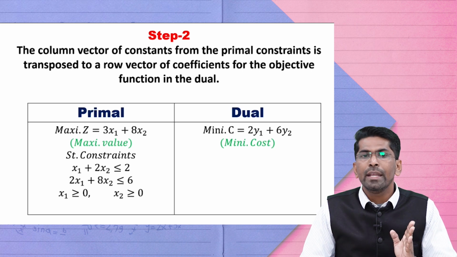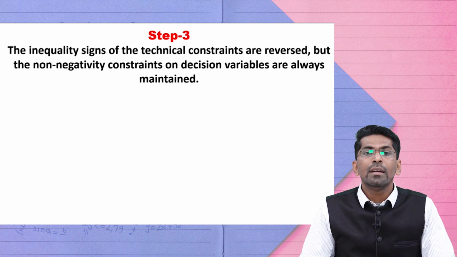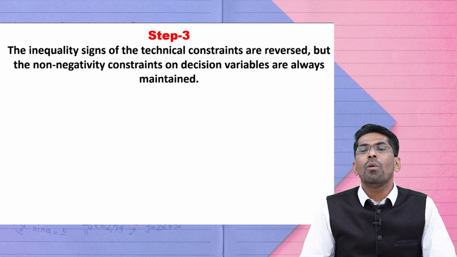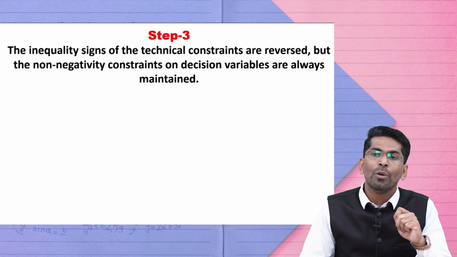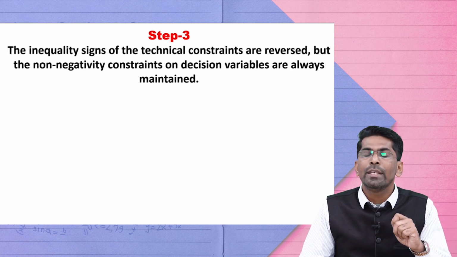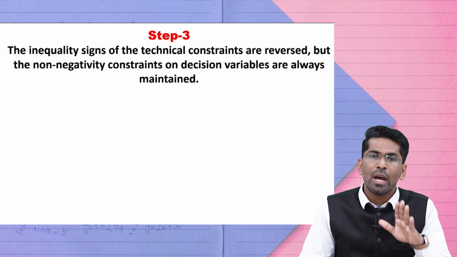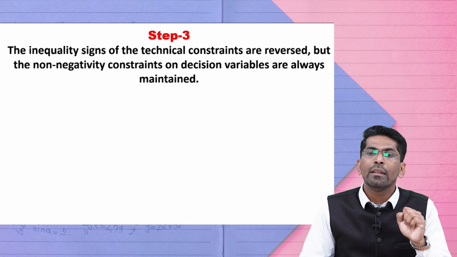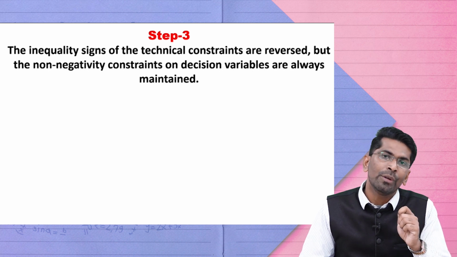See, after finalizing our objective function, the third step is that the inequality signs of the technical constraints are reversed. But at the same time, the non-negativity constraints on the decision variables are always maintained. So what are we going to change here? The inequality signs of the technical constraints are going to be reversed.